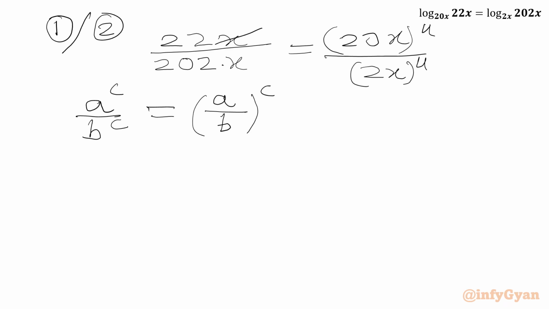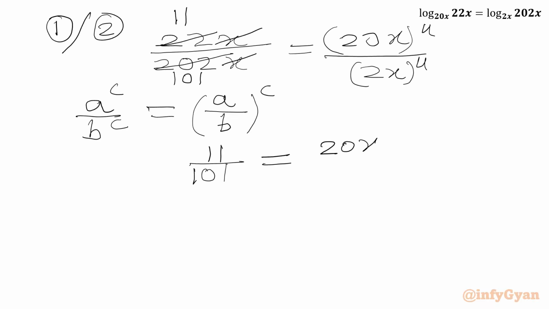In the LHS, we will cancel x with x. 22 is an even number, we will divide by 2, so 11. 202 is also an even number, we will get 101. So in the left hand side, we can write 11 over 101 equal to, using this property, 20x over 2x with whole power u.